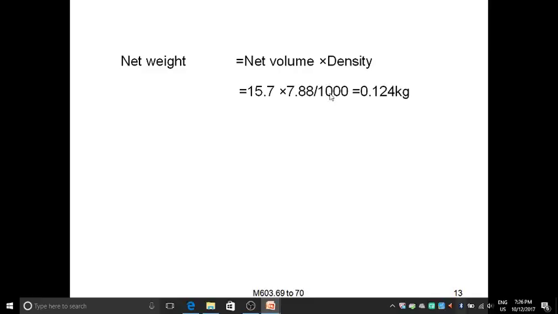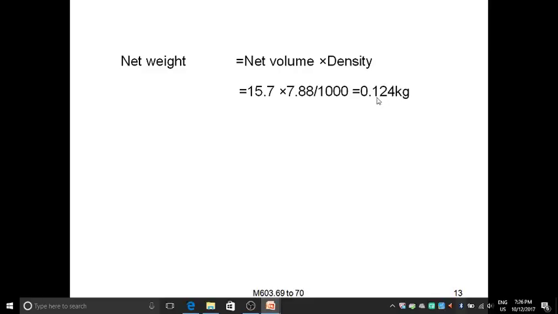Dividing by 1000 converts grams into kgs. So 0.124 will be the value, in kgs.